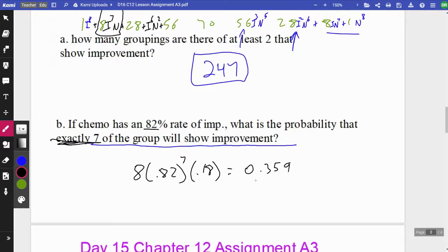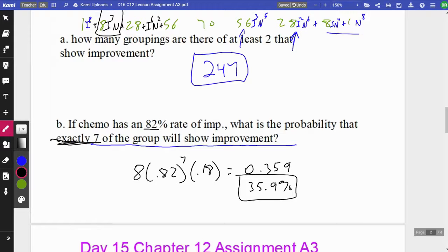I'd say 0.359 or 35.9% chance. So if you have an 82% chance of improvement, and there's a group of 8 people, what's the probability that 7 of them will show improvement? It's basically a 36% chance.